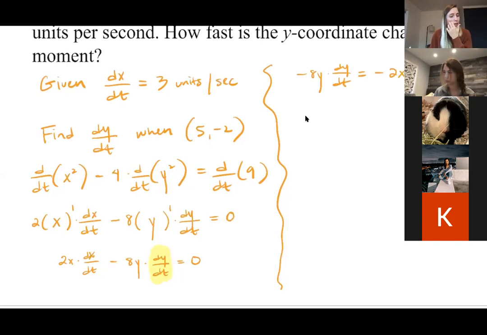And then you can either think about dividing by -8y on both sides or multiplying by its reciprocal, -1 over 8y. But you end up with dy over dt is equal to positive x over 4y times dx over dt. Does anyone have any questions about how I got here?